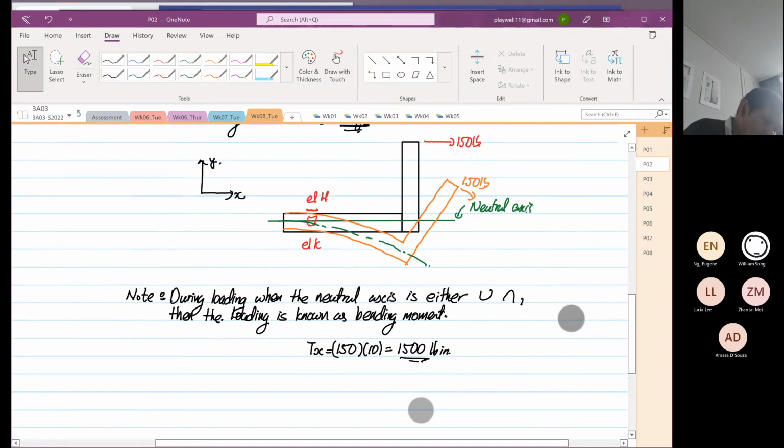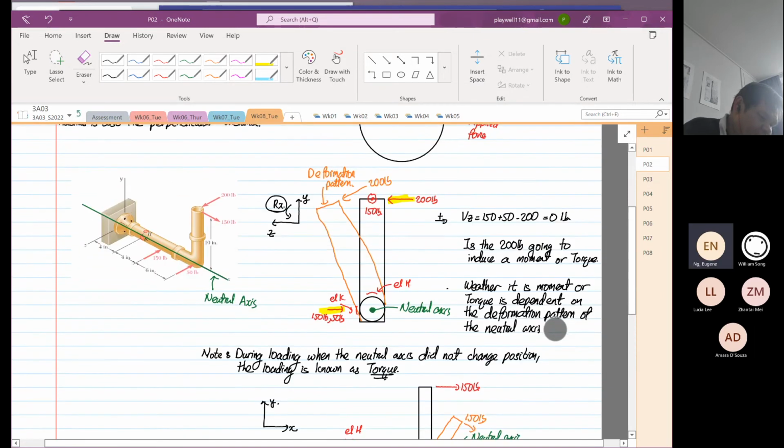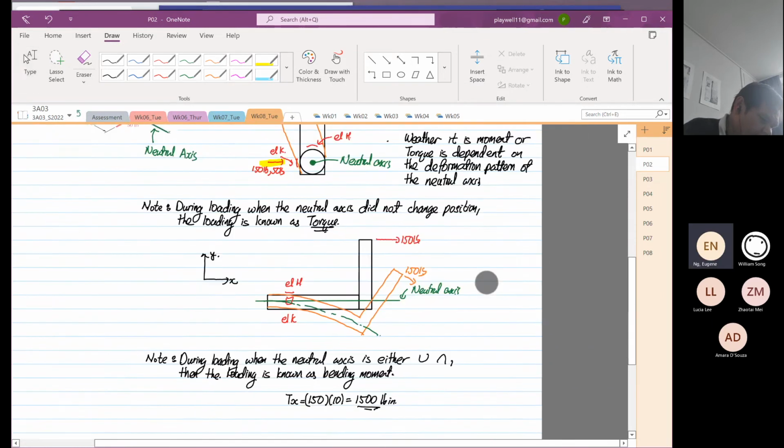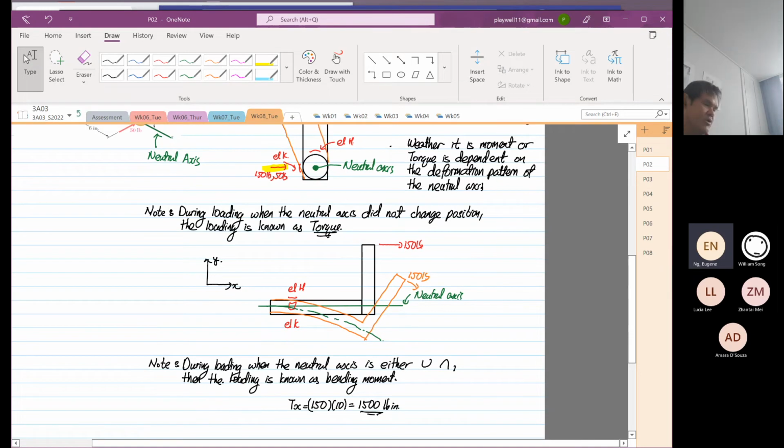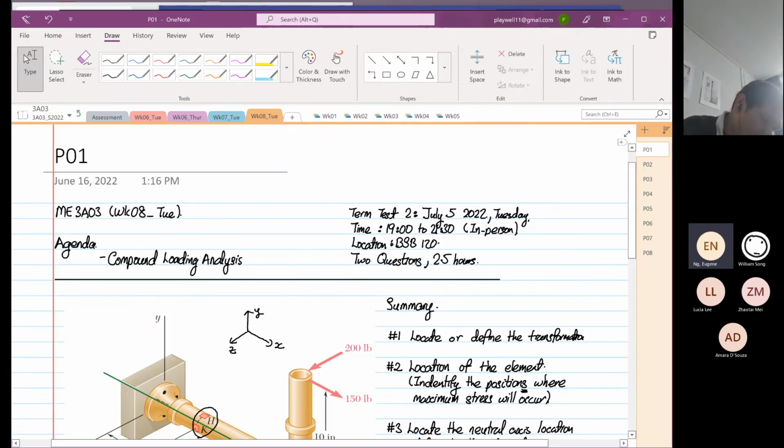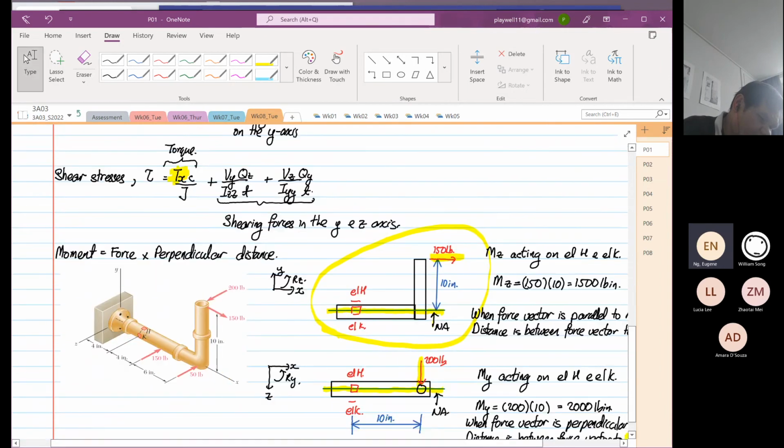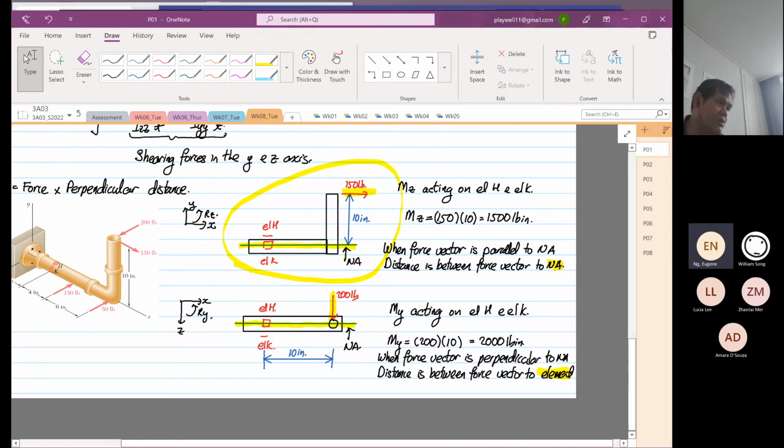Okay. So this is the stage where students, or even very seasoned engineers, make a lot of mistakes or are not sure: first, when is it a moment and when is it a torque, and then the other one is what we have been through, is the moment's perpendicular distance towards the element or towards the neutral axis?